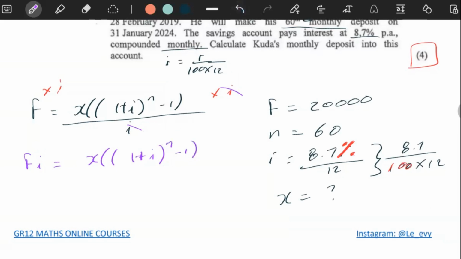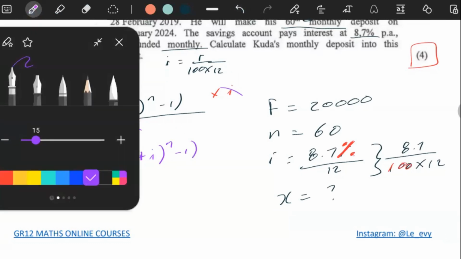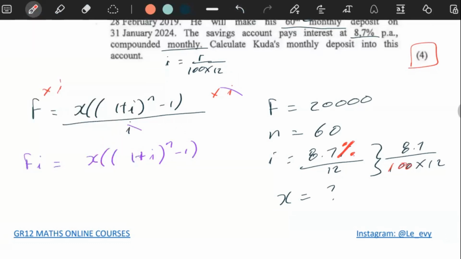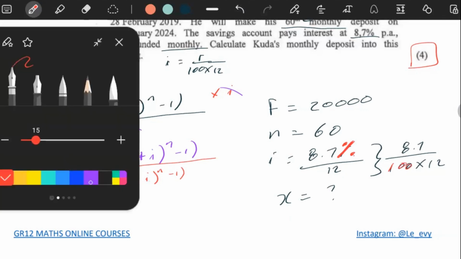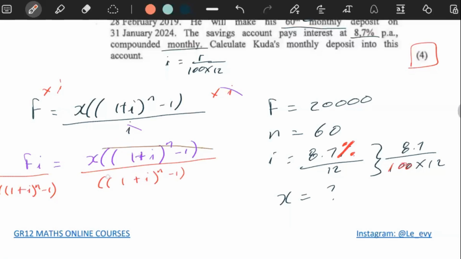And then, since you want to work out x, we can divide by this over here, and then divide by this over here. There we go. So this cancels this, and then here we have x is equal to F times I over (1 plus I) to the power of n minus 1. There we go.